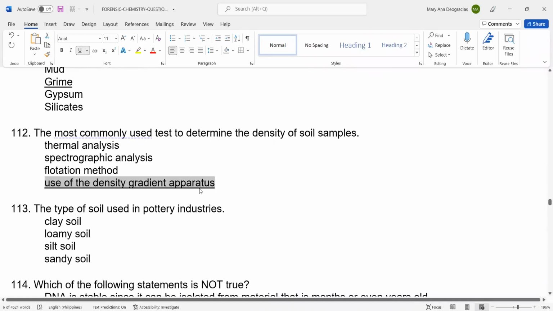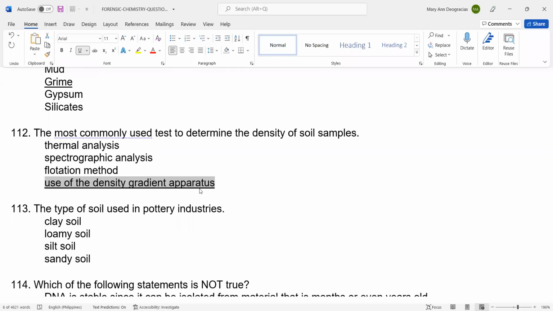Although, alam niyo yung naranasan ko sa Philippine College of Criminology is yung density gradient apparatus na mano-mano. Pero ngayon kasi meron nang nabibili na high-tech. It's the apparatus alone which will determine the density of two soil samples. So anong purpose niya?